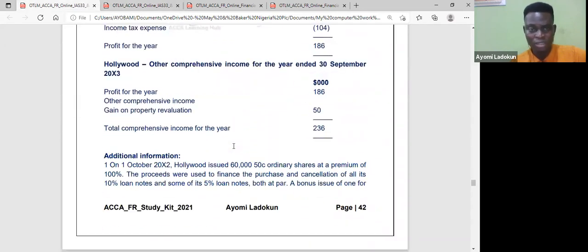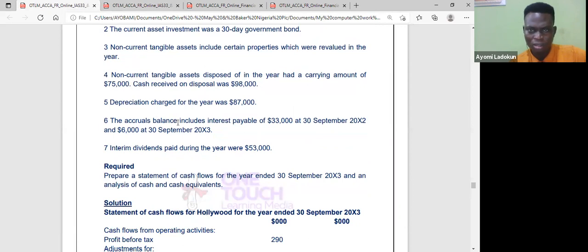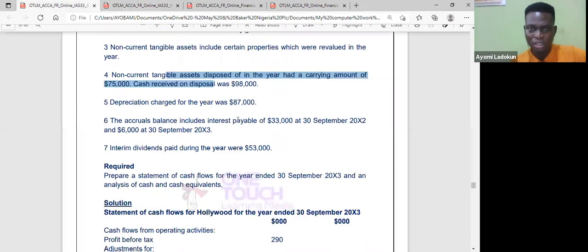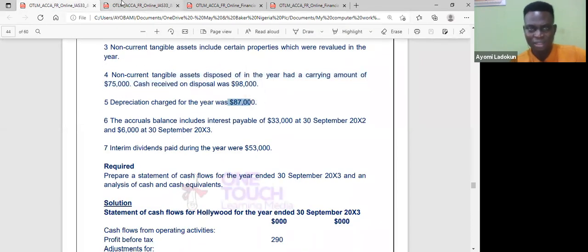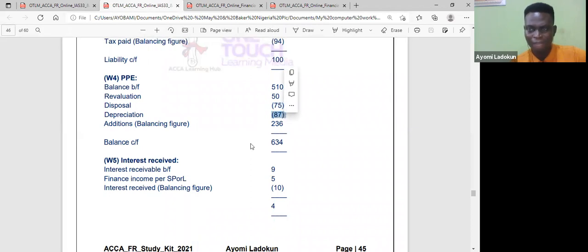Once you know the principle, that's how you approach the question. Let's find out whether we disposed. It said non-current assets disposed for the year at the carrying amount of 75. Can you see that? So that's how you got this 75. Is there any depreciation for the year? It said 87. Did you see that? That's how you got this 87. Okay.